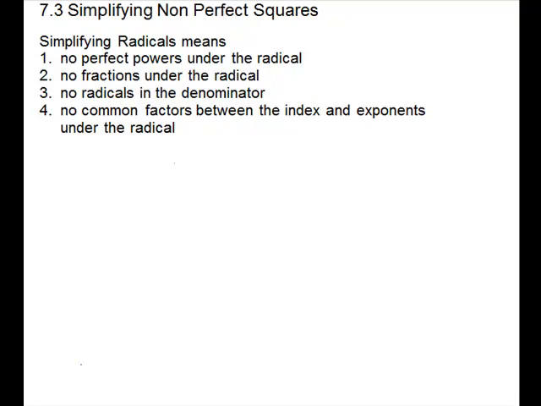Third rule, no radicals can be left in the denominator. And fourth rule, no common factors between the index and exponents under the radical. So we're just going to work on these a few at a time, and you may not see that last one for a little bit.